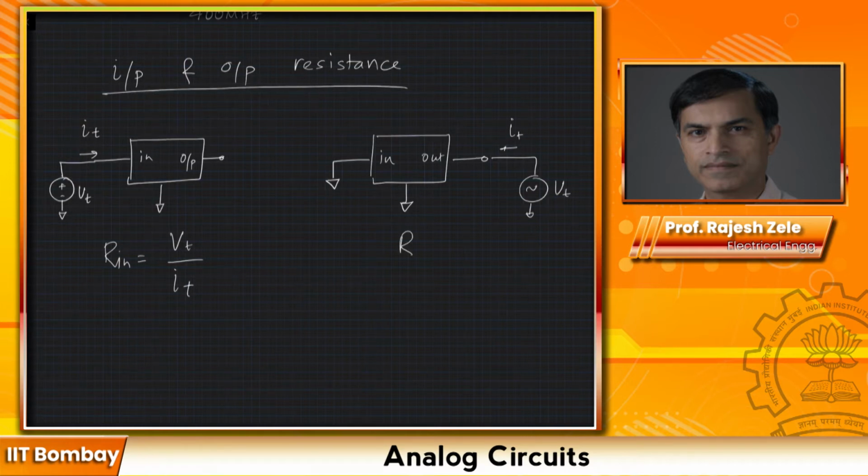So our output resistance will be V test divided by I test. This definition we will try out on different circuits, and then we will understand the significance of input and output resistance.